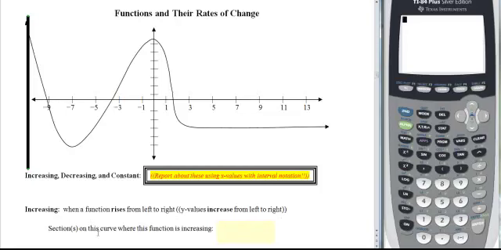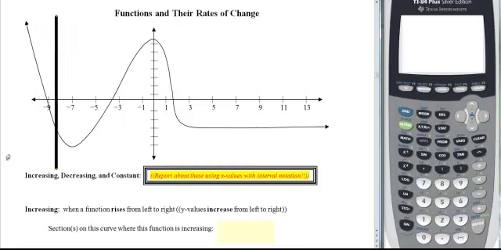So now, what are the sections on this curve where this function is increasing? Well, initially, if you'll notice, my y values are decreasing. As this line goes through, my y values are going down. So let me keep it going. It looks like my y values are decreasing until we get to about -7.